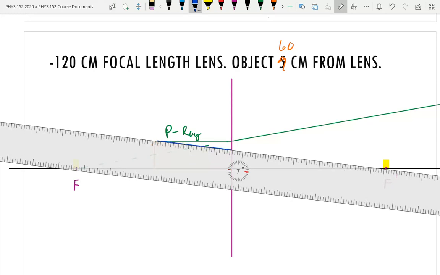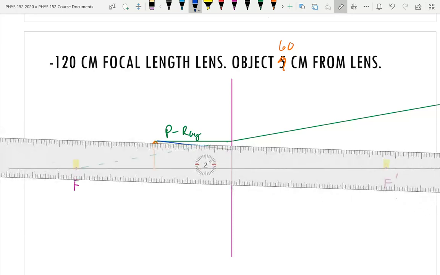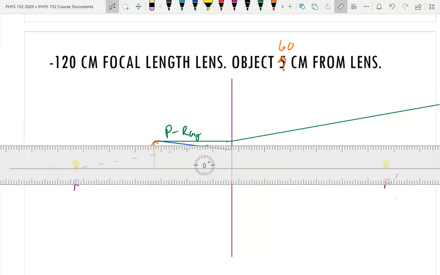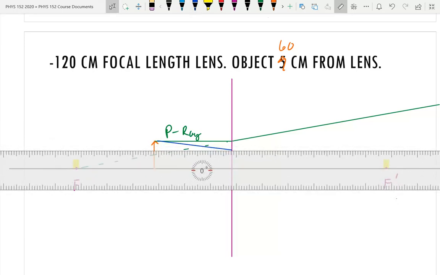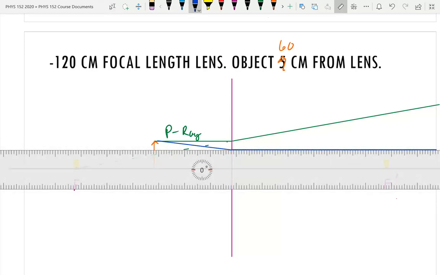Comes like this, and then how does it refract? The focal ray comes out parallel. So it's going to come out parallel. Well, clearly those two don't meet. So I'm extrapolating back. Maybe.